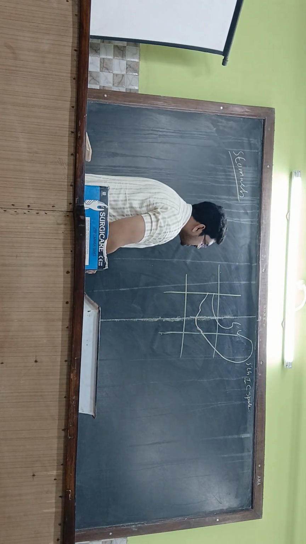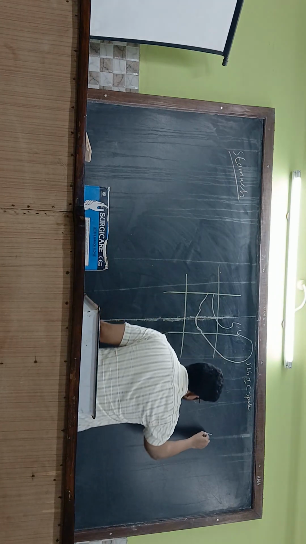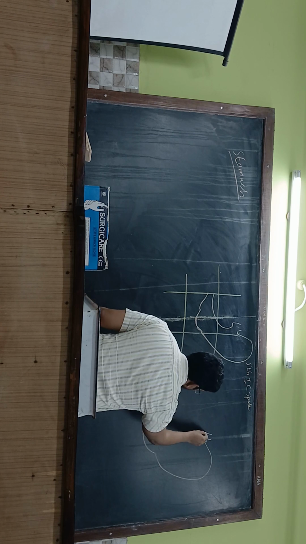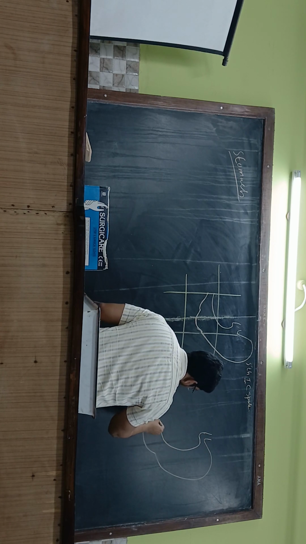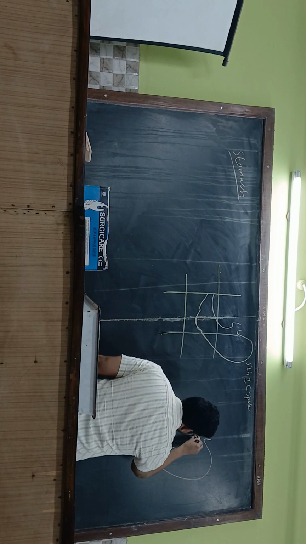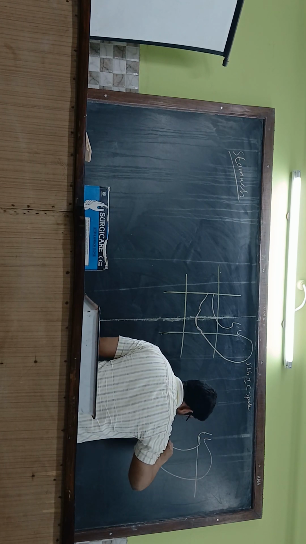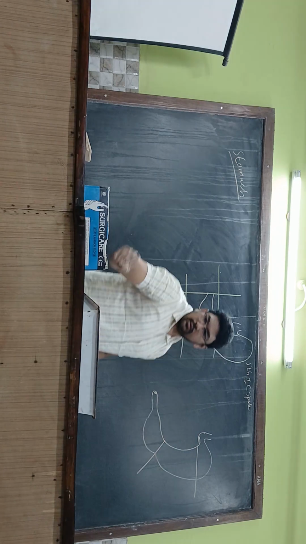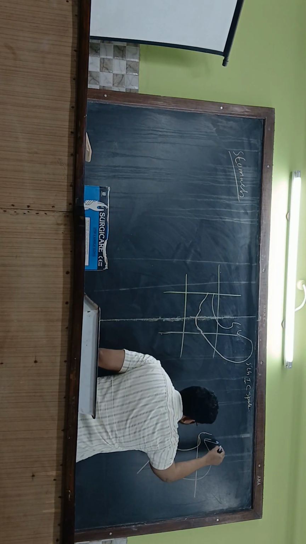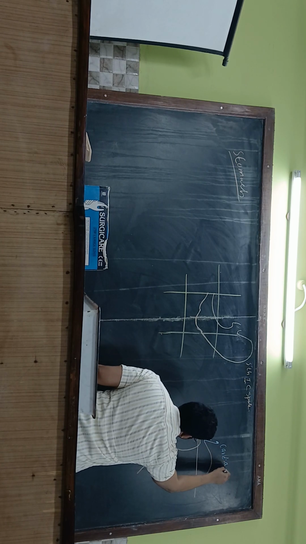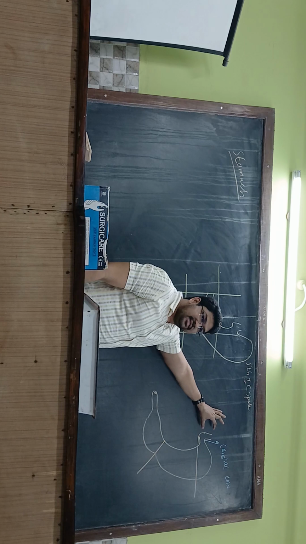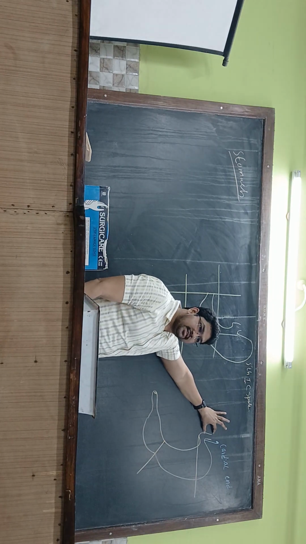What are the parts of the stomach? Cardiac end, fundus, body, pylorus. So this is the abdominal part of the esophagus, just below the diaphragm.